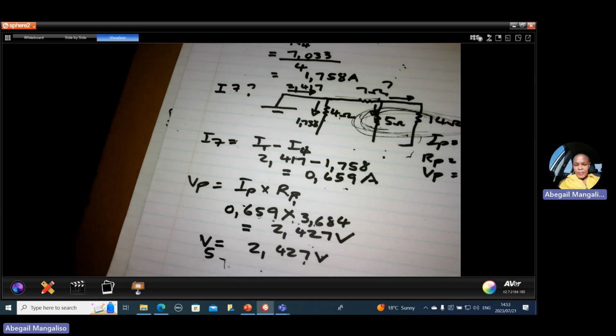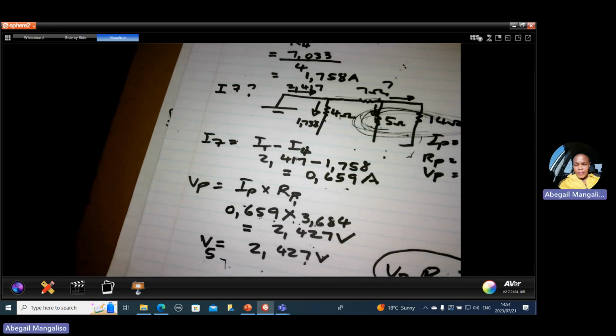When you deal with a parallel section, its total voltage is always equal. So for the formula, you need VP, you need RP, you need IP. With the current flowing across it and its total resistance, you can get its total voltage.